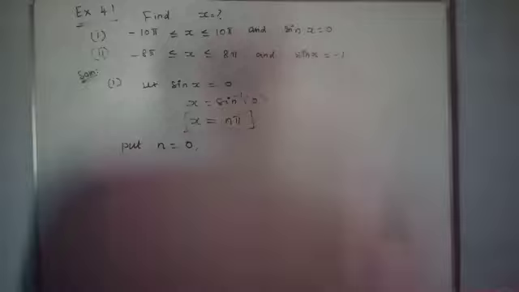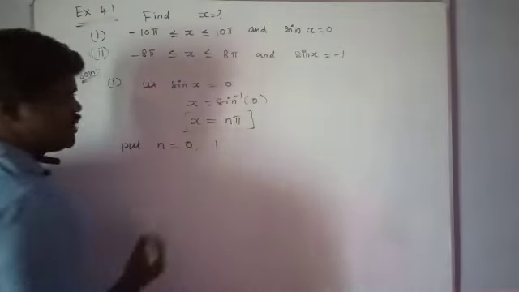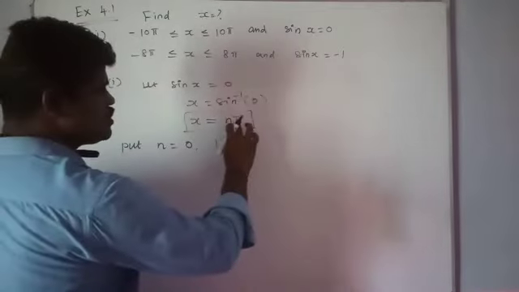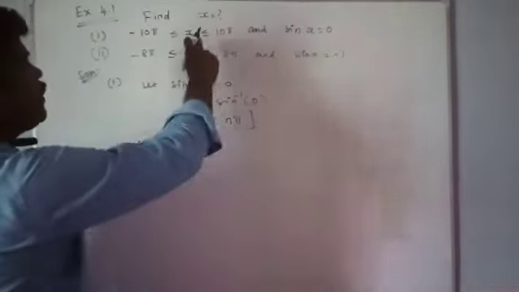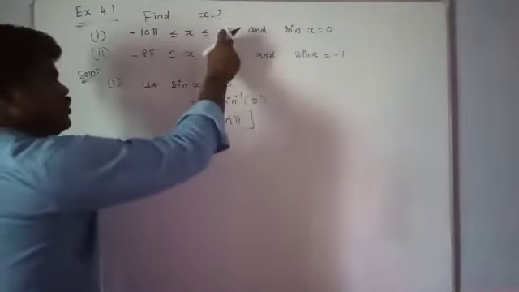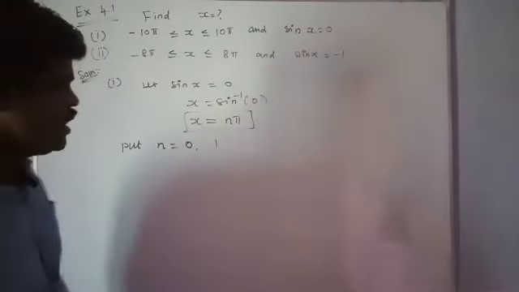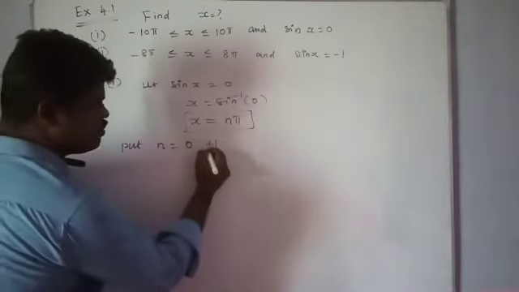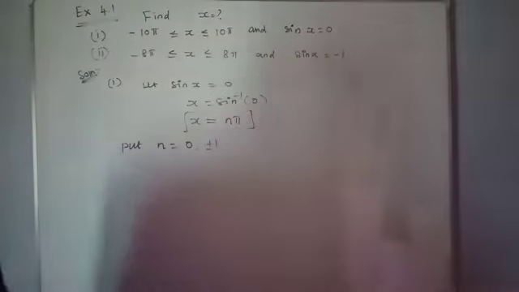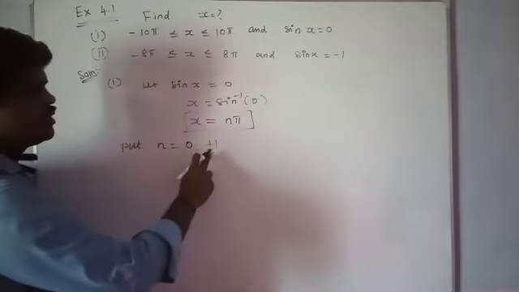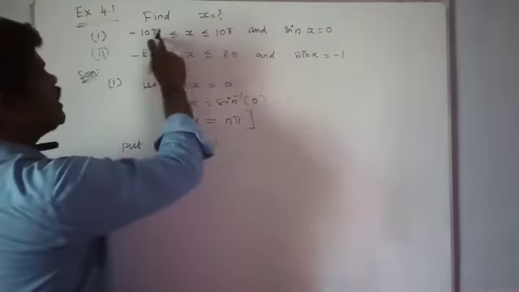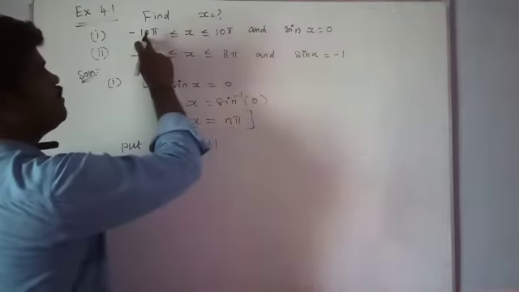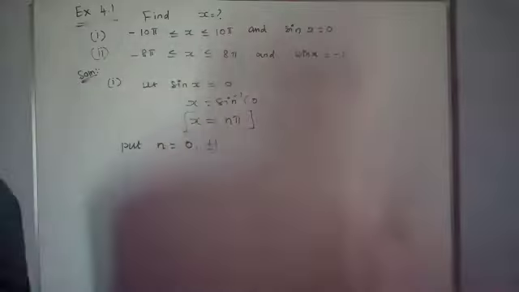If we give n equal to 1, the answer is 1 pi, which lies between minus 10 pi to plus 10 pi. And if we give minus 1, that is minus pi, which also lies between minus 10 pi to plus 10 pi.